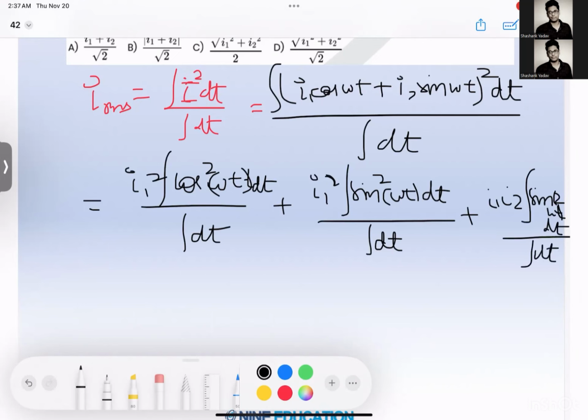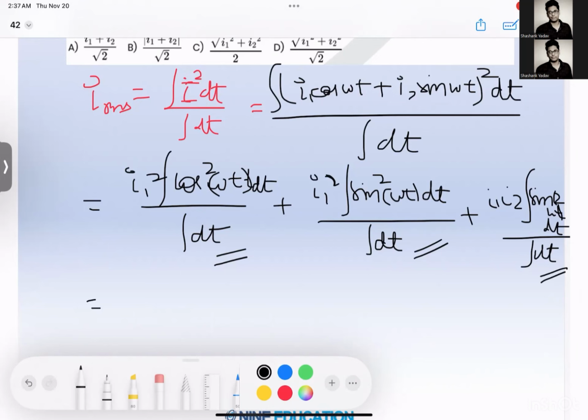So we need the average value of cos square omega t, the average value of sin square omega t, and the average value of sin 2 omega t. The average value of the square of a sine or a cos is going to be half.